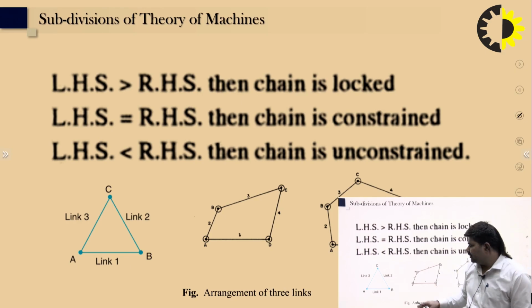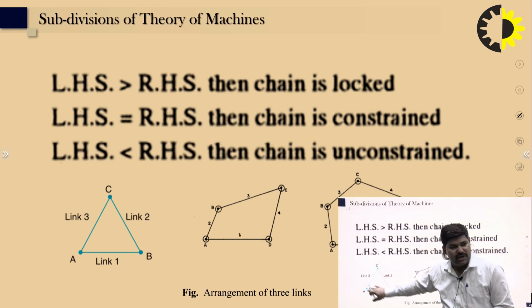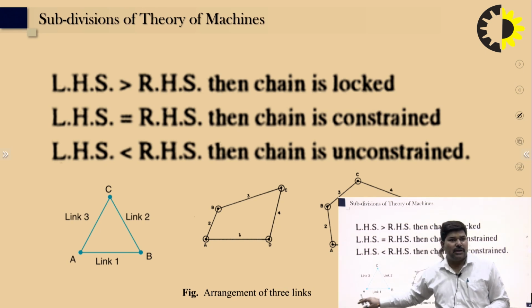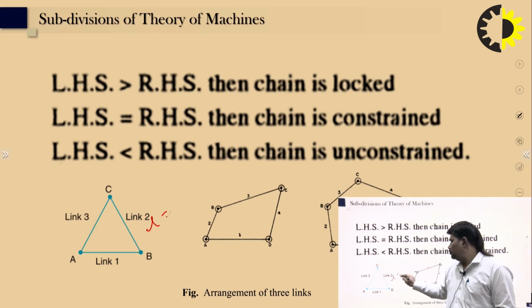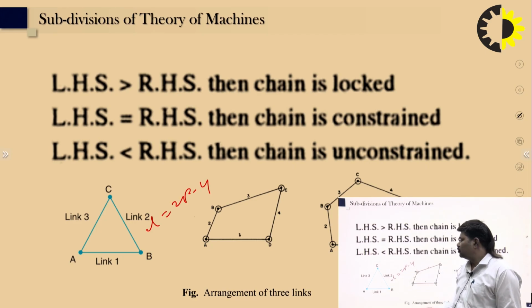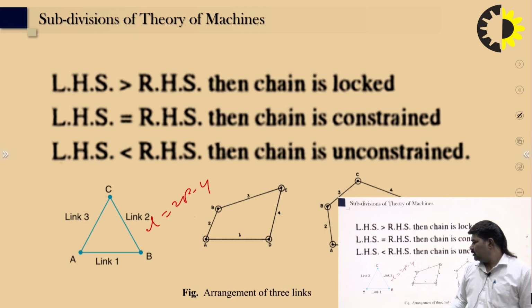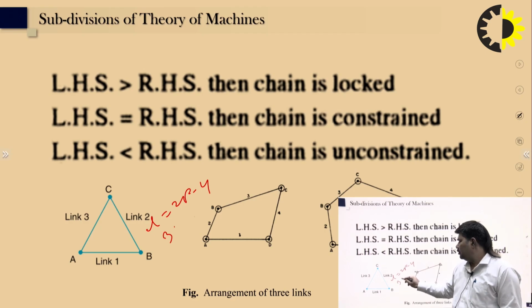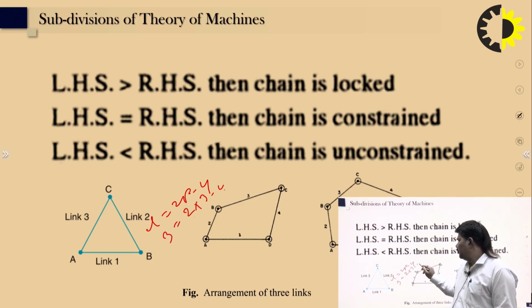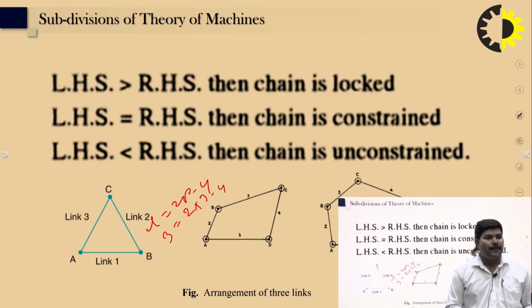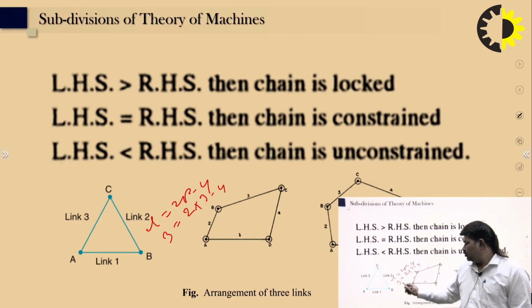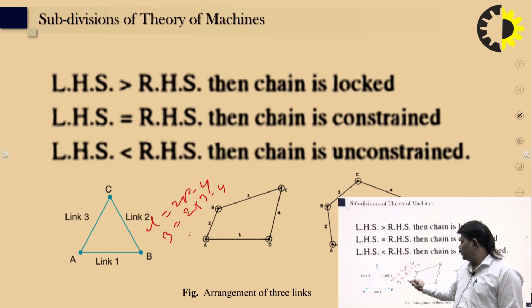So there are three figures. Take the first one, and apply L = 2P - 4. Here the number of links L, and P is the number of pairs, 1, 2, 3. So 2P - 4 gives 6 - 4 = 2, while L is 3.